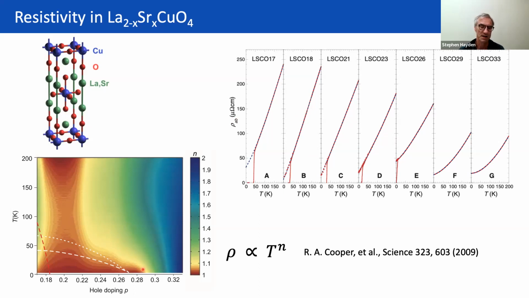And he found this nice plot here, which shows that around about the point where the pseudogap disappears, you have linear behavior in the resistivity, and that comes up on this plot as the red. This is the power law in the resistivity, and then as you go beyond that, you still have this linear part, and he analyzes data in terms of a linear part and a quadratic part, and the quadratic part gets stronger as you continue into the overdoped region here. Okay.